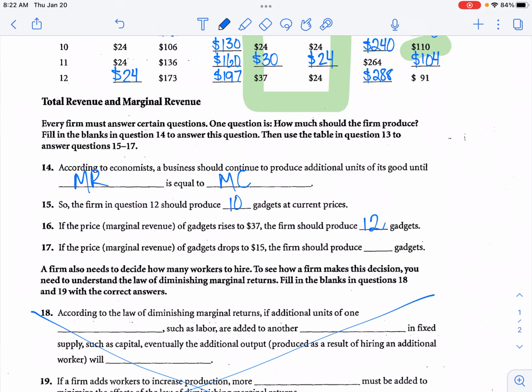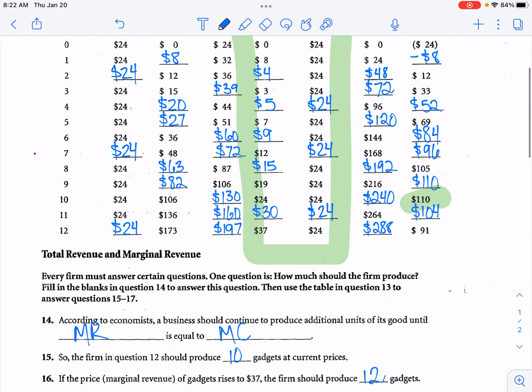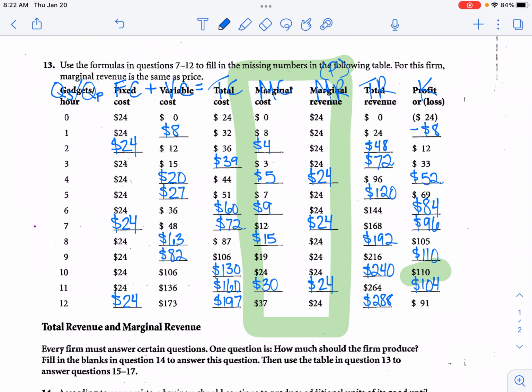Last point, if the price of gadgets dropped to 15, then imagine the whole marginal revenue column is 15 instead of 24. Look at where the marginal cost is 15, and that is at 8 gadgets. Some of you might think, well, if marginal revenue or the price changes, that's going to change the total revenue column and probably the profit column, and you'd be correct.